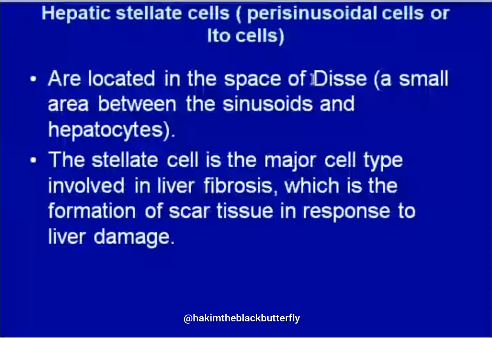So on top of acting as a medium through which substances cross between hepatocytes and sinusoids, it also contains hepatic stellate cells.